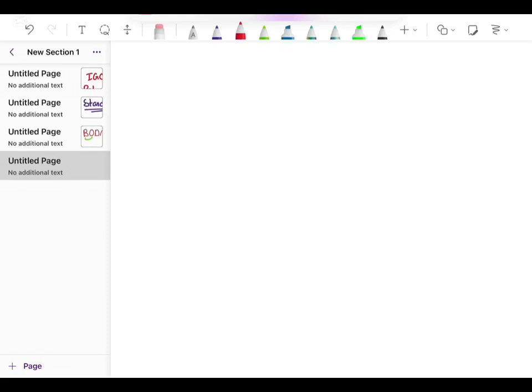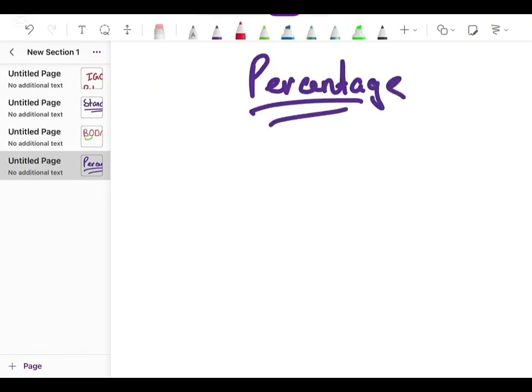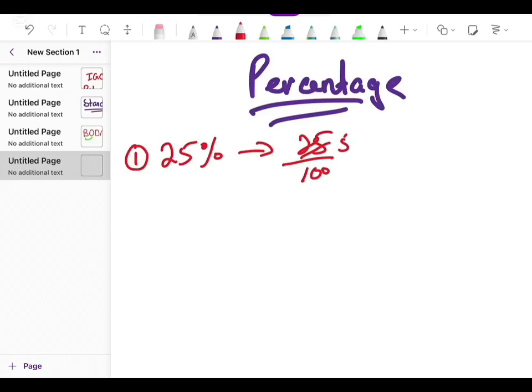So in today's class we will start the topic percentage, and we know the basic concept of percentage, and we have done some part in the fraction topic as well, how to convert any percentage number into fraction or fraction into percentage. For example, topic name is percentage, and we know how to convert any percentage number into fraction: just divide by 100, and then we can simplify.